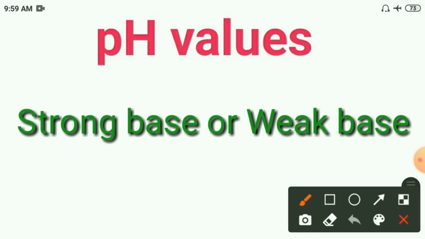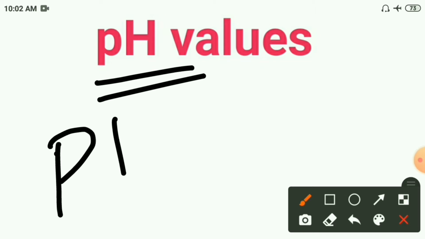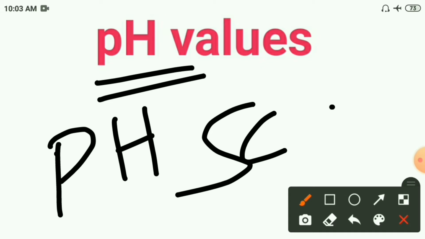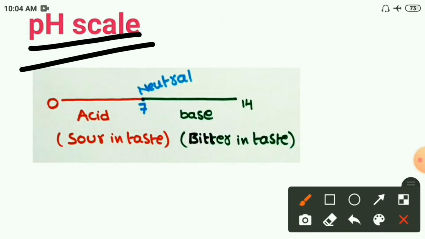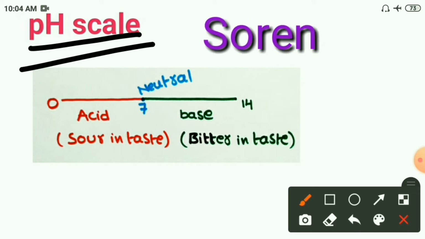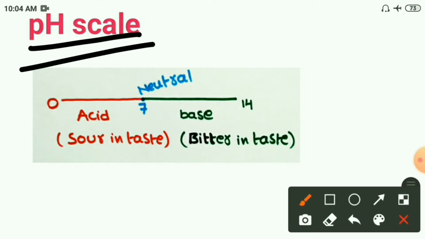For getting the pH values of a solution, we use an instrument, the pH scale. This pH scale was invented by Sorensen, which is why it is also called the Sorensen scale.